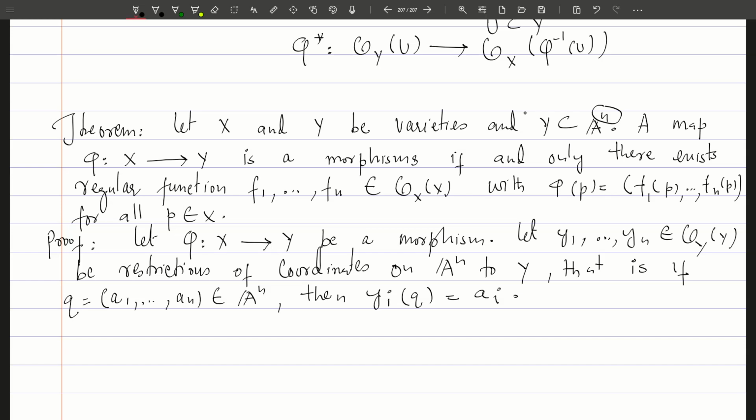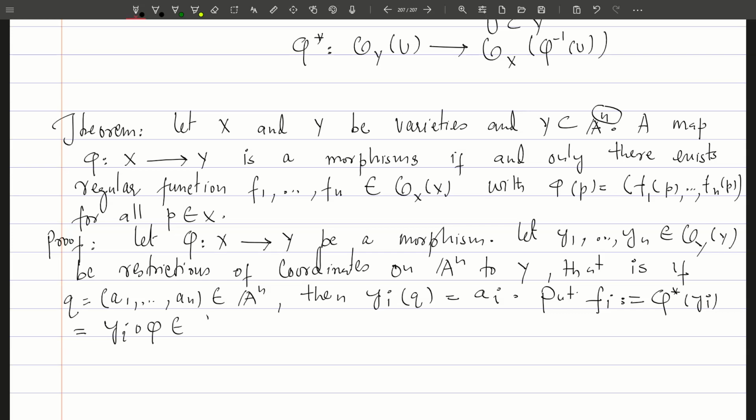Now let us put fi to be the pullback of yi. Now yi being regular on y and phi being a morphism, phi pulls back this regular function to a regular function, which by definition is equal to yi composite with phi.